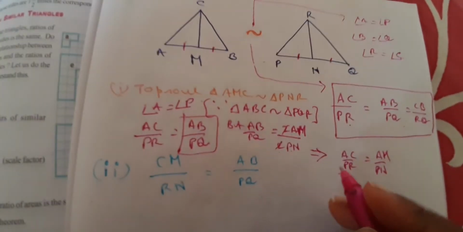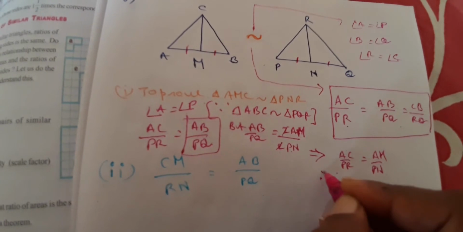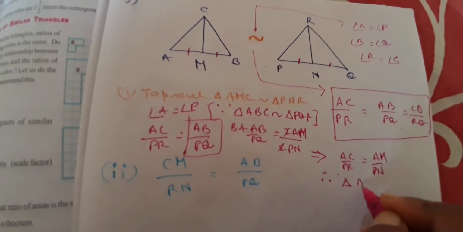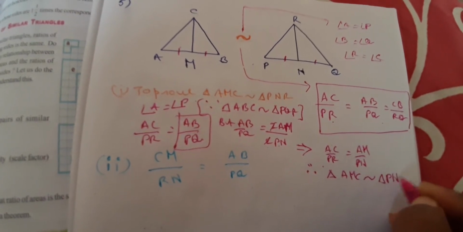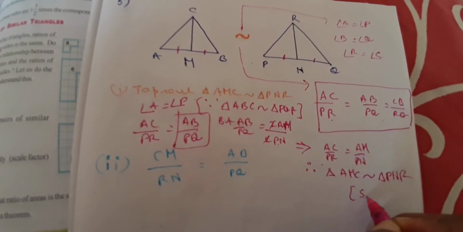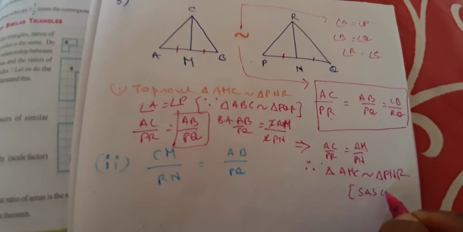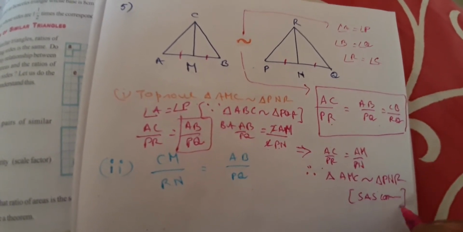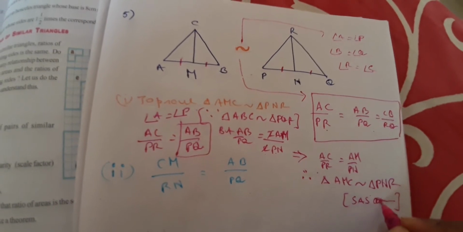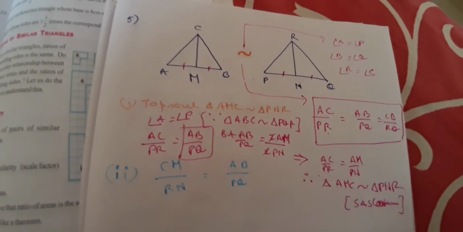So how do you conclude that? Therefore triangle AMC is similar to triangle PNR. How do you say? From the side angle side criterion, right? From the side angle side criterion.